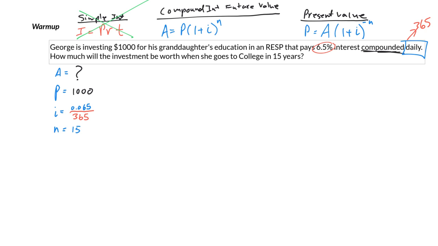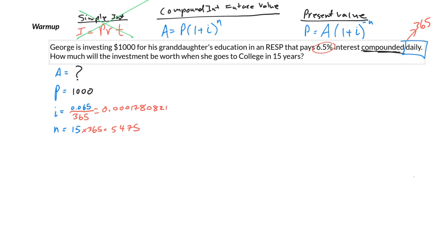Now, when you divide by 365, you're going to get some crazy long number, and that crazy long number is this one. You could leave I as a fraction in your P(1 + I)^n calculation, or you could use this number that we have here. Nothing's wrong with that. But now we have to take 15 and also multiply it by 365. So you're going to get 5,475 compounding periods.